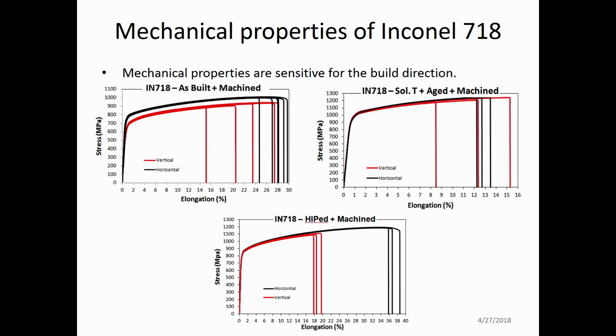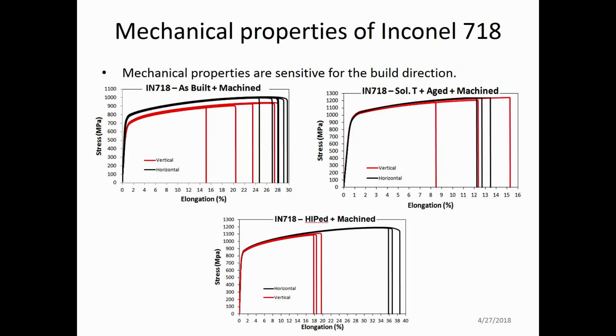If you look across different materials, that's titanium, and this is a nickel alloy, 718. It's the same thing. The heat treatment does the same thing. So it's not rocket science. This is something we've always dealt with in materials. In this case, we've got a very clear difference between the vertical and the horizontal builds. That one up there is the as built and machined.